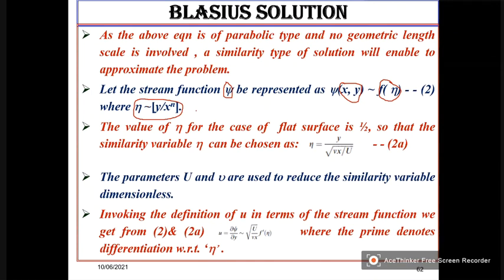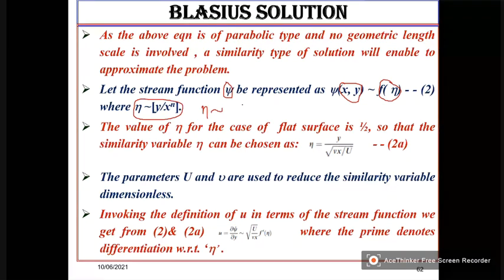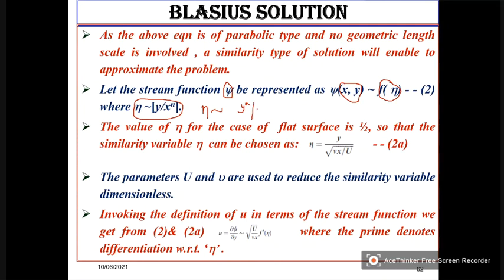In fact, eta can also be written as y to the power of a by x to the power of b.